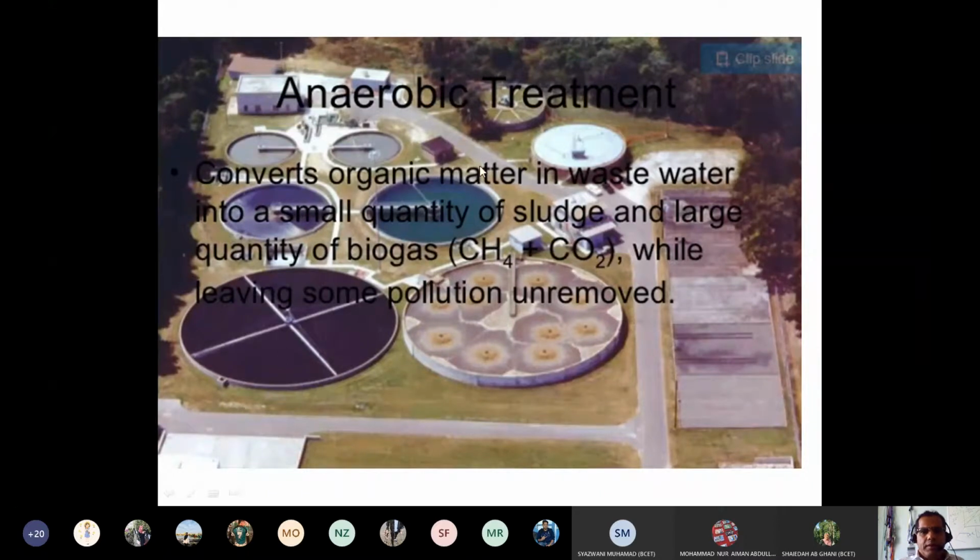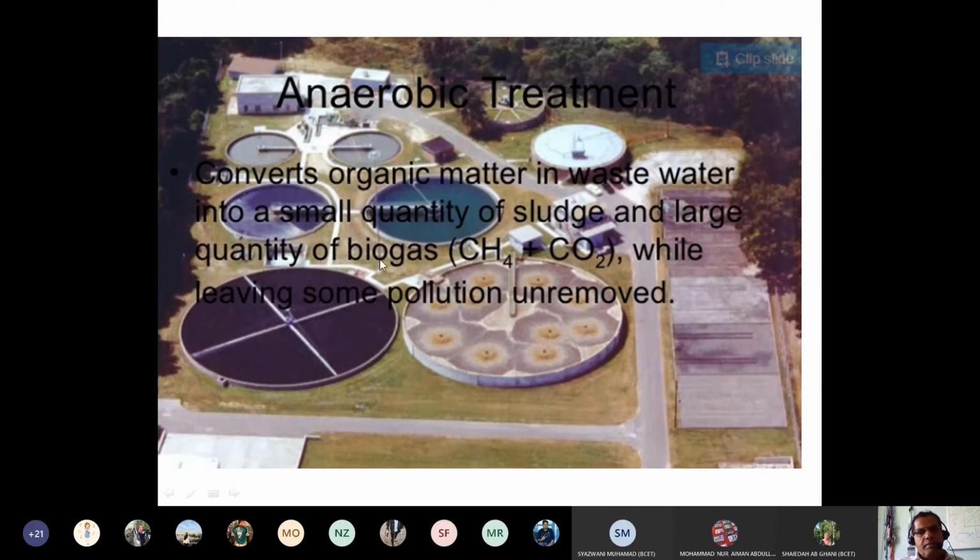So this anaerobic treatment utilizes the oxygen in the waste itself, because hydrocarbons also contain oxygen, or other contaminants contain oxygen. So bacteria utilize the oxygen in the contaminants themselves, degrade the contaminants and produce clean water. This we call anaerobic treatment.